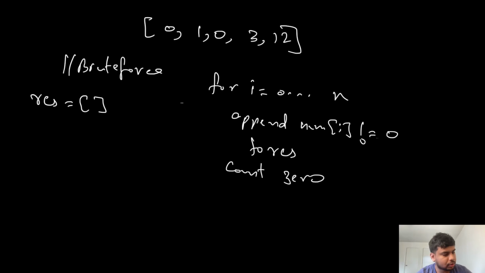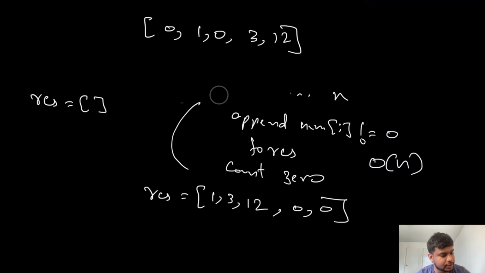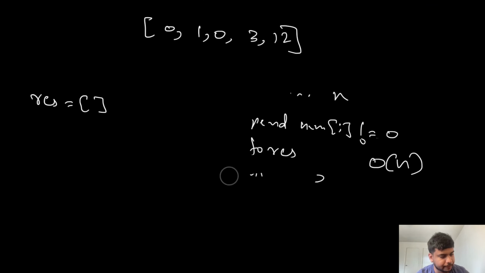So at the end of this loop, your res would have been something like 1, 3, 12, but you would have counted zeros also. So two zeros are there in the array, so just append two zeros at the end and return res. That's what you would have done. It would have been O of n, but it's not in place. But the question specifically asks us to do it in place. So that's why this sort of approach won't work here.